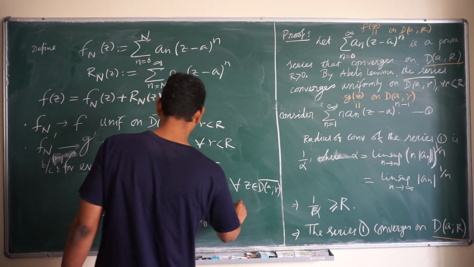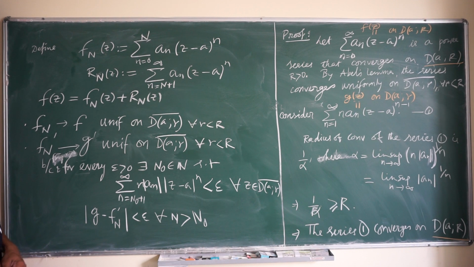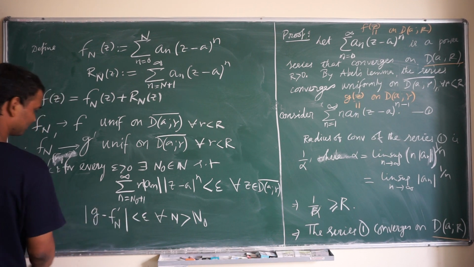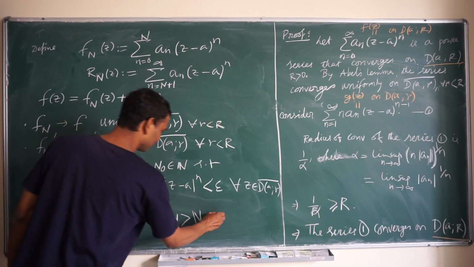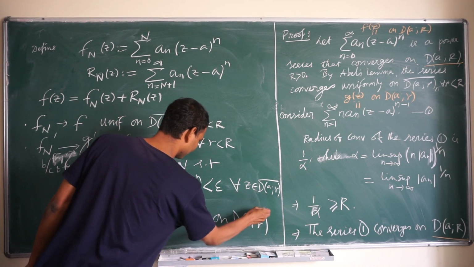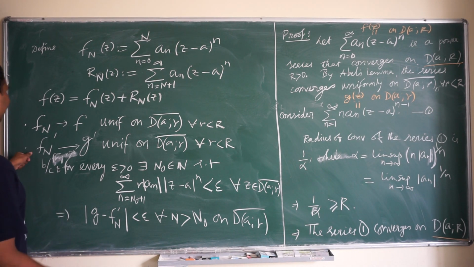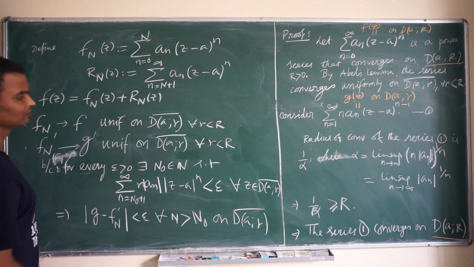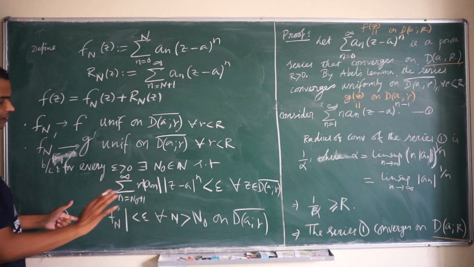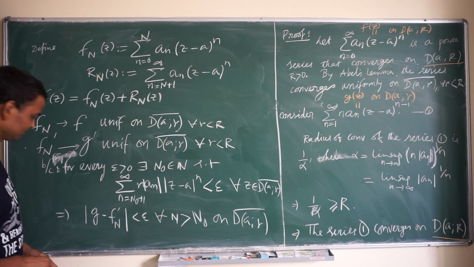So this is true on the closure of D(a, r). So this gives you that Fn prime converges to G uniformly. Though we don't need uniformly, but we have this one at our hand.